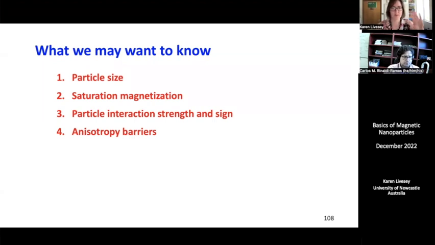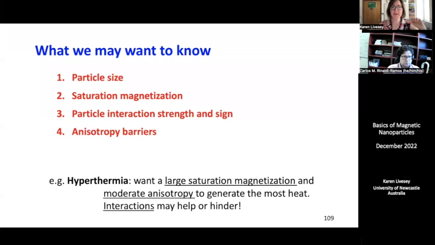And why might we want to know about those 4 things? Let me just give you one example to motivate it. If we're trying to do hyperthermia with our magnetic nanoparticles, and I'm using very broad terms here, we want large saturation magnetization, we want a moderate anisotropy to generate the most heat, and interactions may help or hinder, it depends actually.